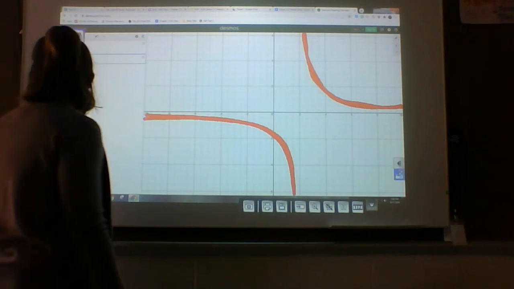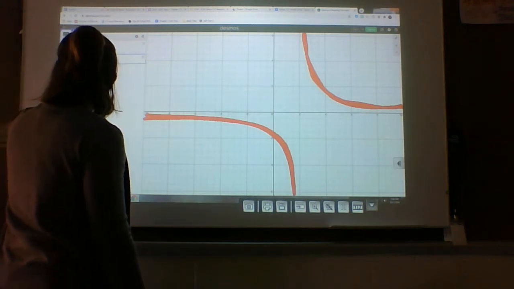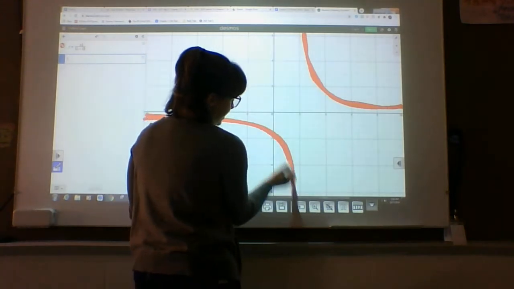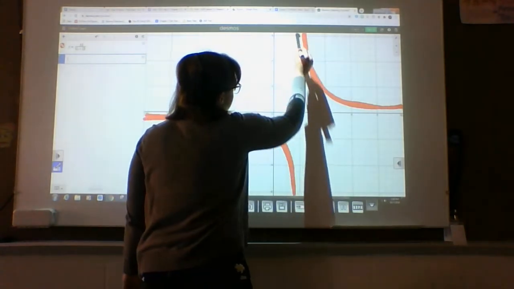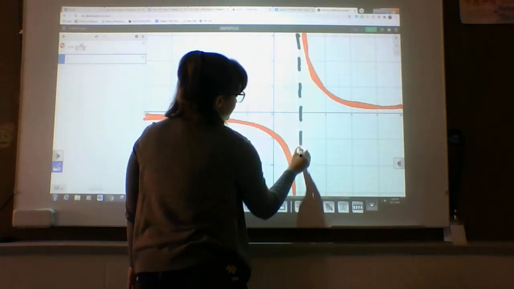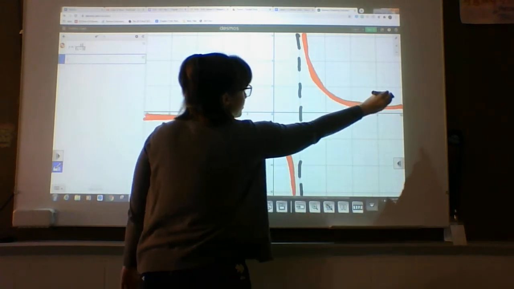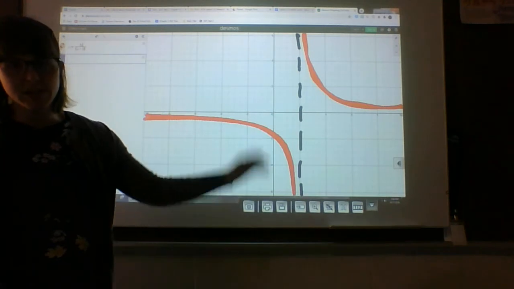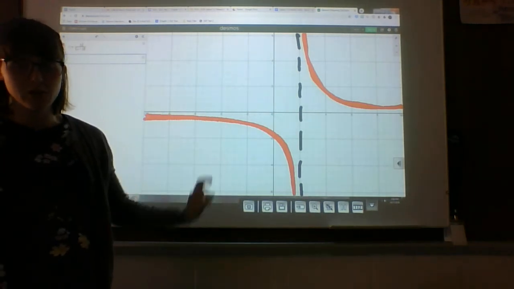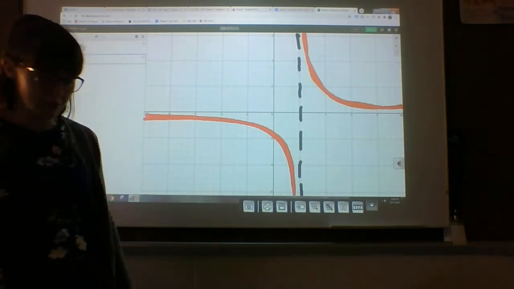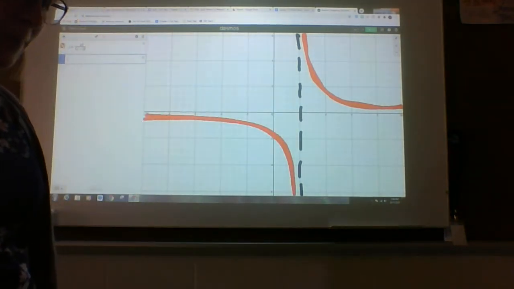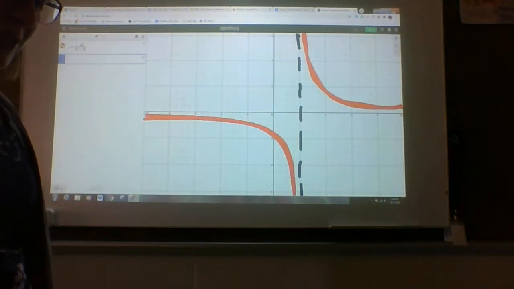Well, if you notice, when x approaches 2, from the left, it's going down like this, and from the right, it's going up like this. I drew in right there a vertical dotted line, which is called an asymptote, which I'm going to explain more later. But it says, let's examine this the way we did it before at the beginning of this chapter.